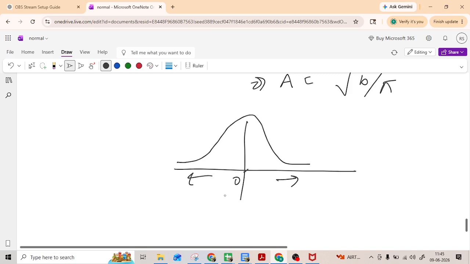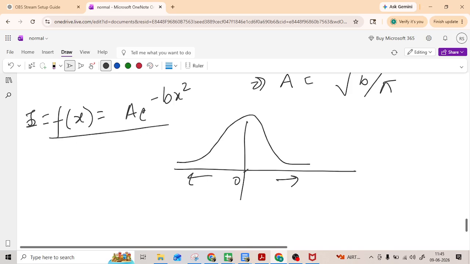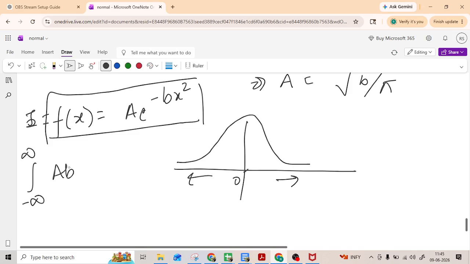So mean is 0, and therefore our f(x) becomes a times e raised to the power minus b x square. This is our f(x) of normal distribution, and as I showed earlier, if you integrate it from minus infinity to infinity, a e raised to the power minus b x square dx, this would become equal to 1.